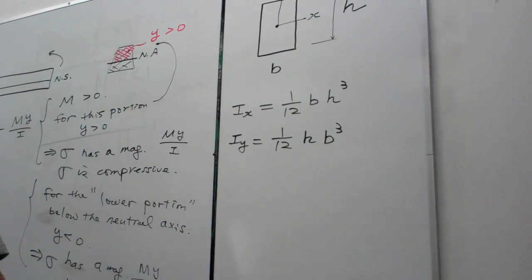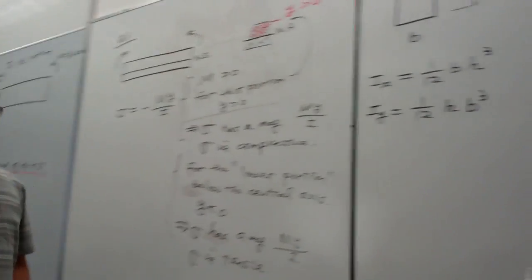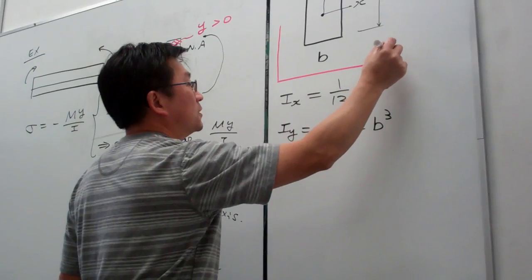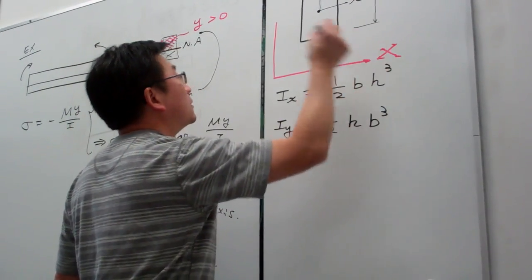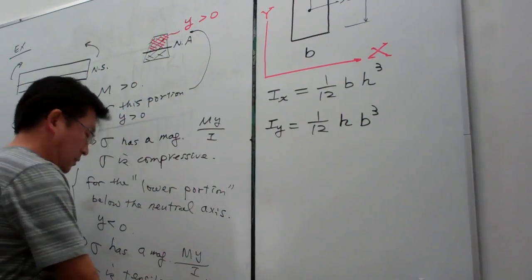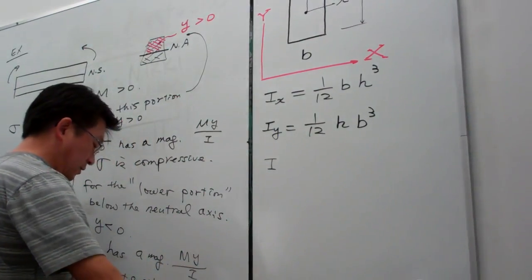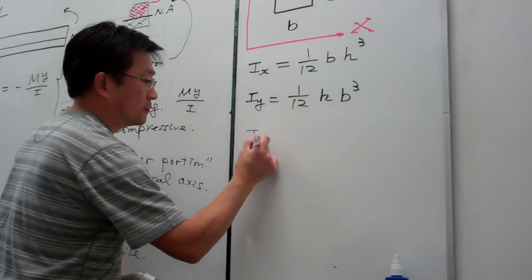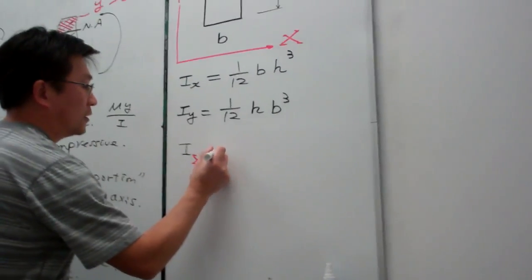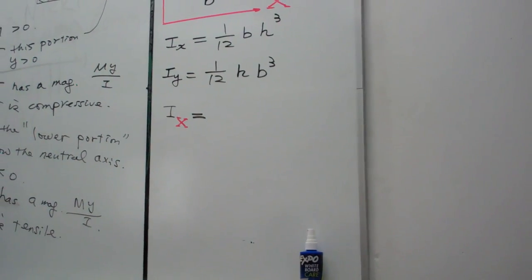And for example, if we want to calculate the moment of inertia with respect to other axes, for example here I provide another axis. Let me call them capital X, capital Y. Then we can calculate I with respect to the x-axis. For this one, we have the formula we call the parallel axis theorem.